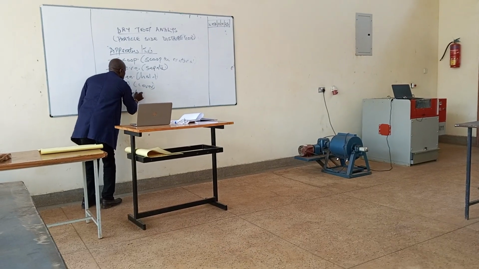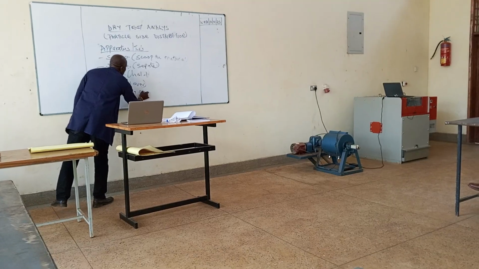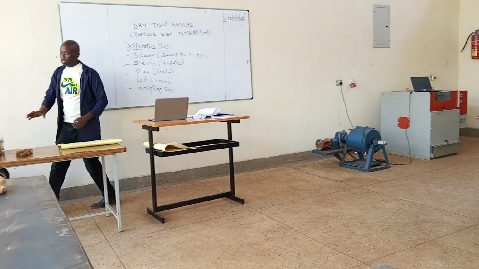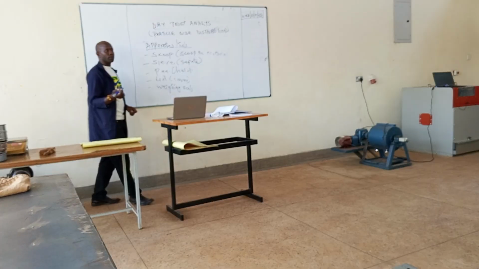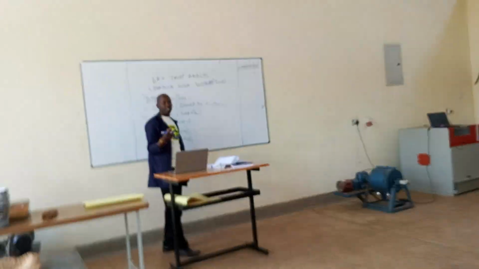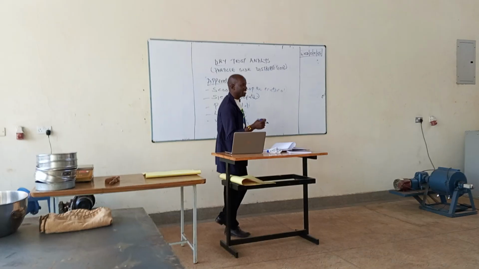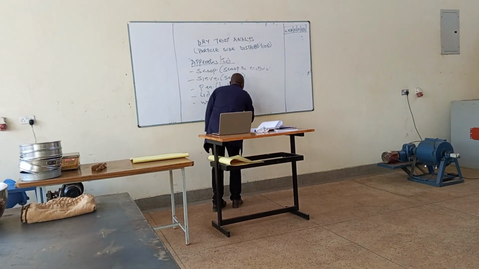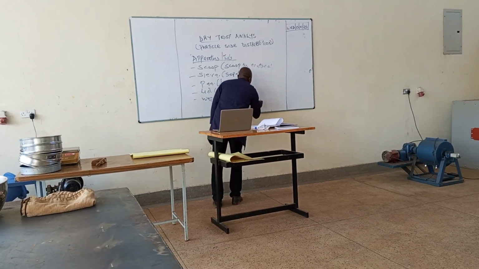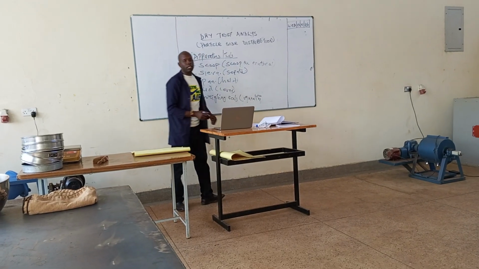Now, I was not able to distribute this weighing machine. The weighing machine is this one. Correct? What is the major function of the weighing machine? Yes, to determine the quantity, to measure.